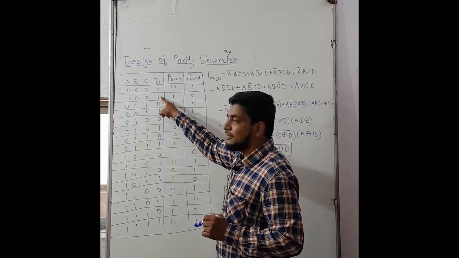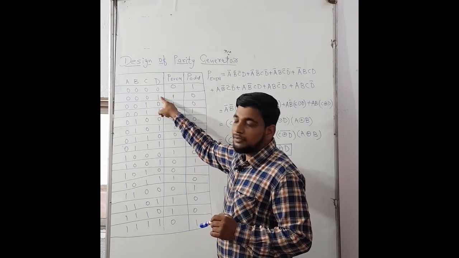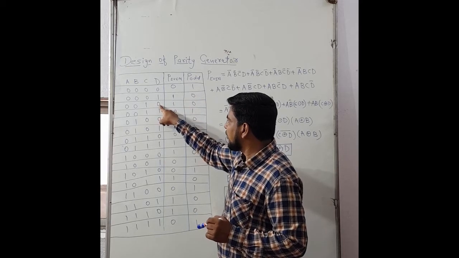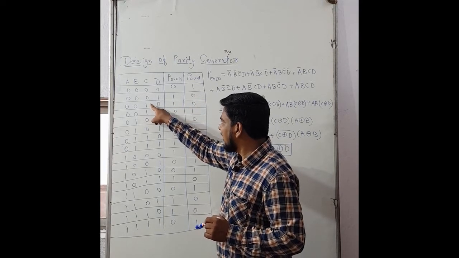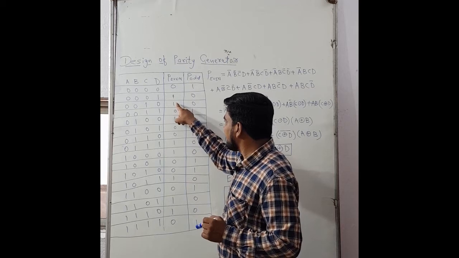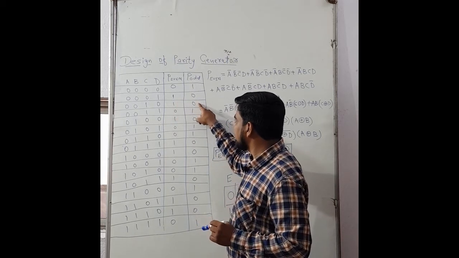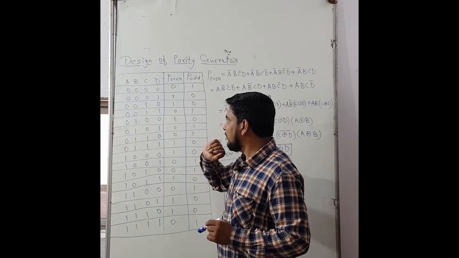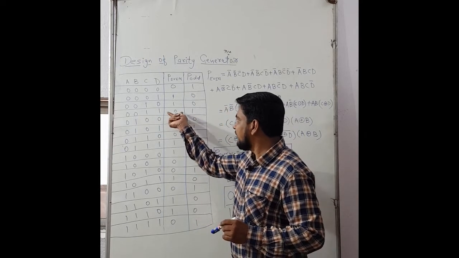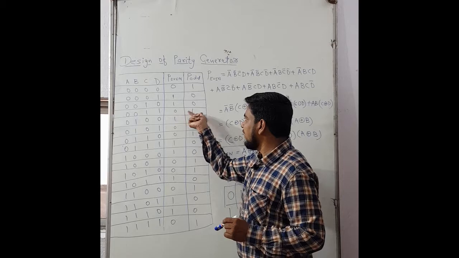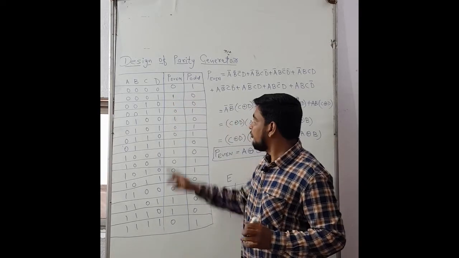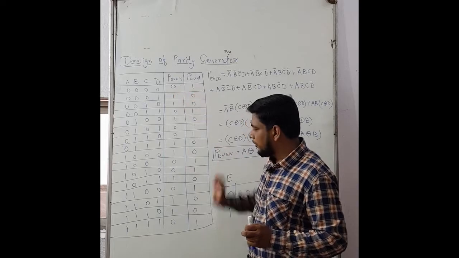Only 1, which is an odd number, so the even parity bit should be 1 and the odd parity bit should be 0. Here the number of ones is even, 2 ones, so the even parity bit will be 0 and the odd parity bit will be 1. Like this we complete the truth table for P of even and P of odd.